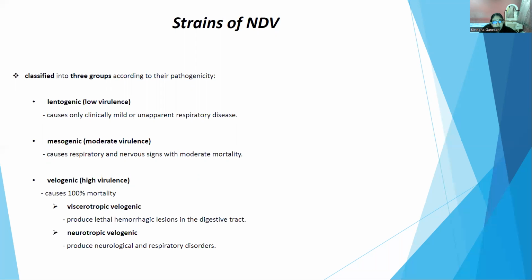The next group is the velogenic group, which is of high virulence that of course causes 100% mortality, and it is further divided into 2 groups, which are the viscerotropic velogenic group that produces lethal hemorrhagic lesions in the digestive tract, and the neurotropic velogenic strain, which produces neurological and respiratory disorders.